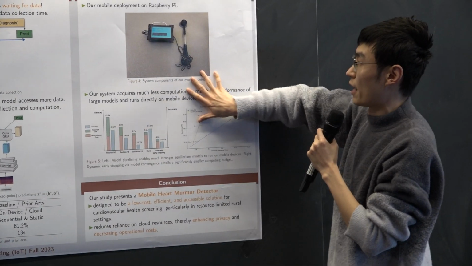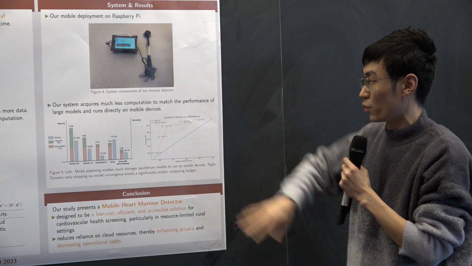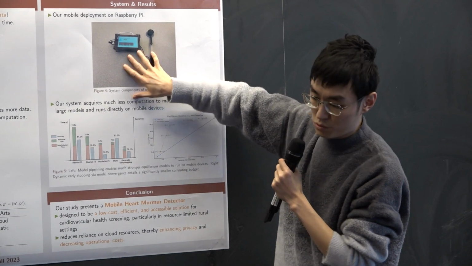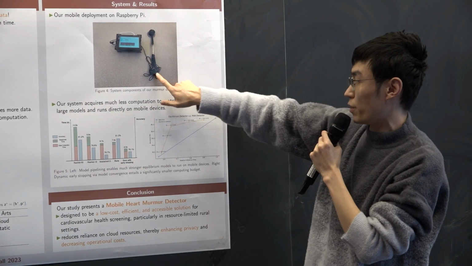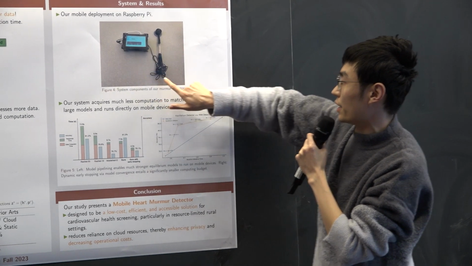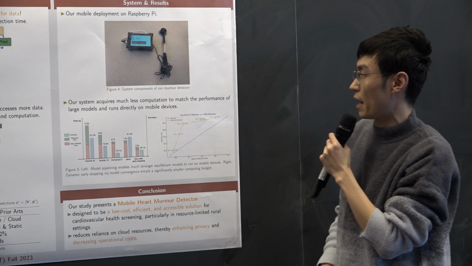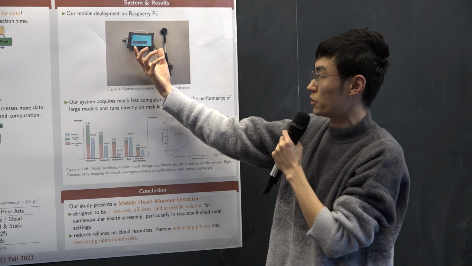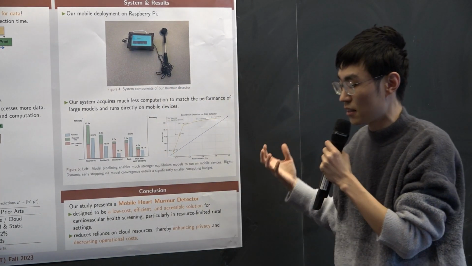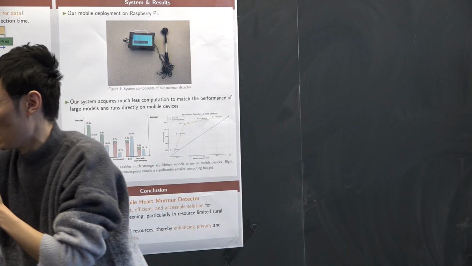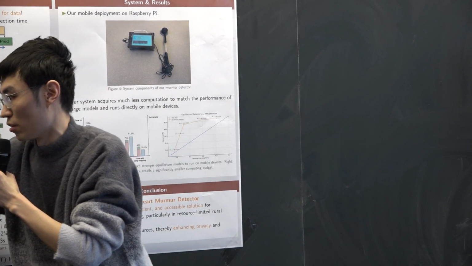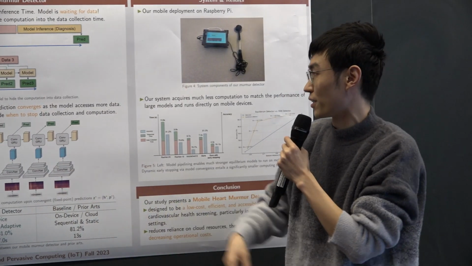And this is our final system and result. We deploy our system onto the Raspberry Pi, and we also integrate a stethoscope with this Raspberry Pi, and altogether we could detect murmur directly on device without accessing any cloud resources or network conditions.